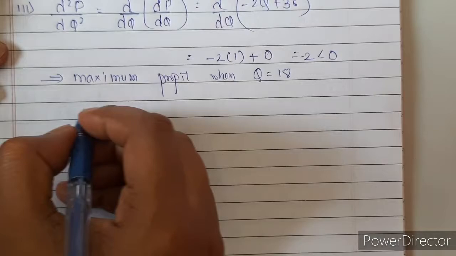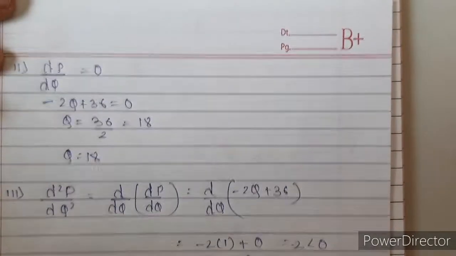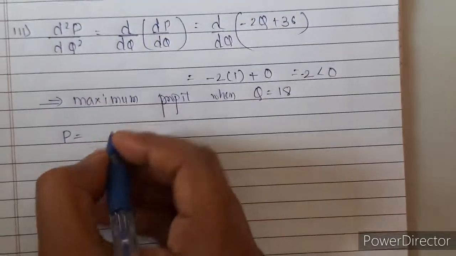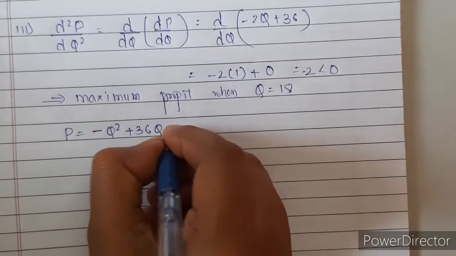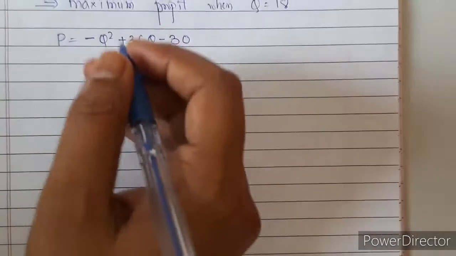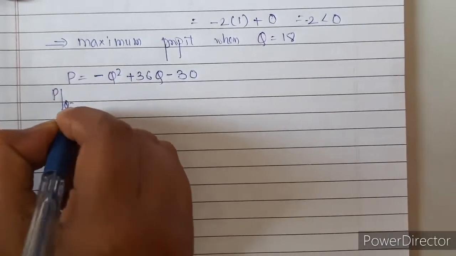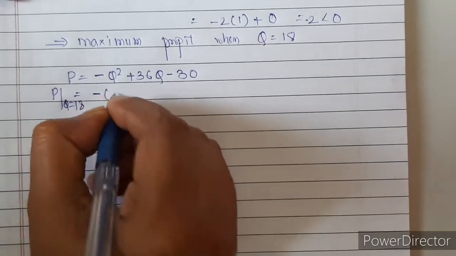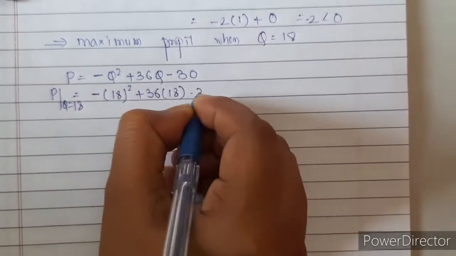Now we have to find this maximum profit. We know that the profit function is minus Q square plus 36Q minus 30. So now we substitute Q equals 18 and find the maximum profit. This will be minus 18 square plus 36 into 18 minus 30.